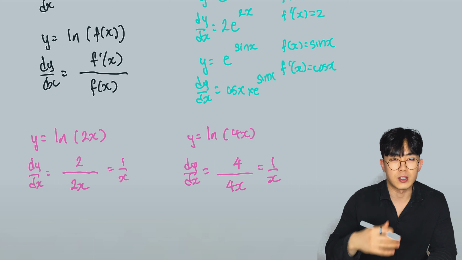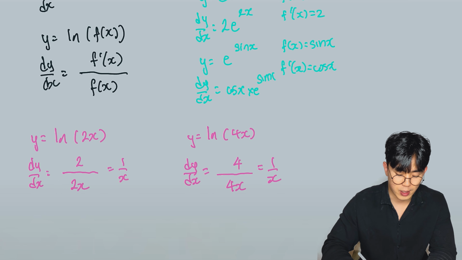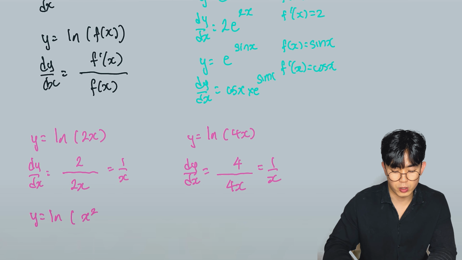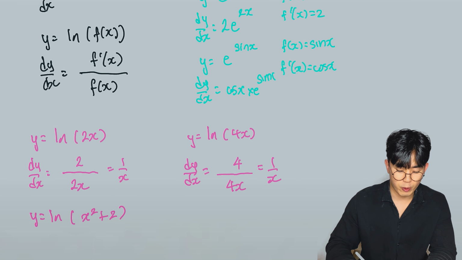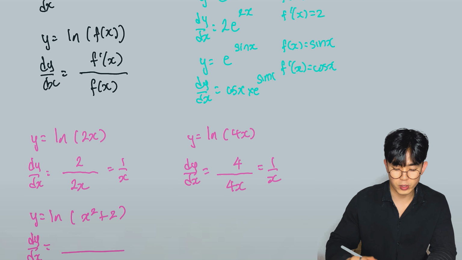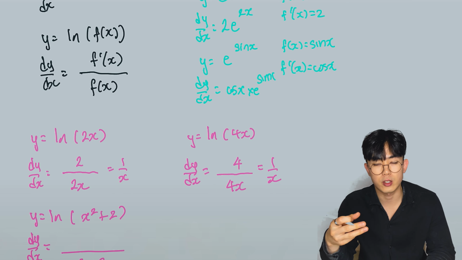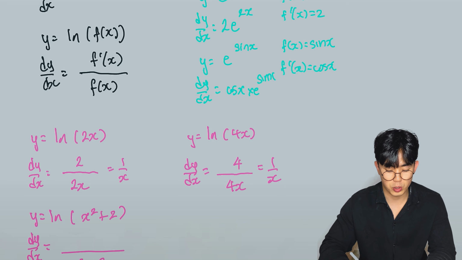It's slightly different if it's not something times x. So for example, if I said, let's differentiate ln of x squared plus 2. So dy by dx is automatically a fraction. The function goes to the denominator, so x squared plus 2 goes to the bottom. We differentiate the top, so x squared gives 2x.